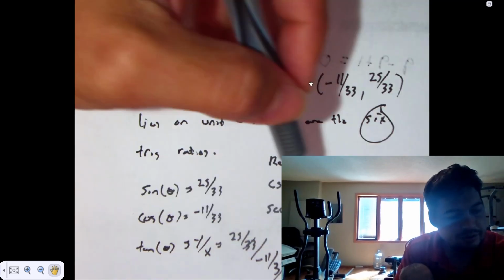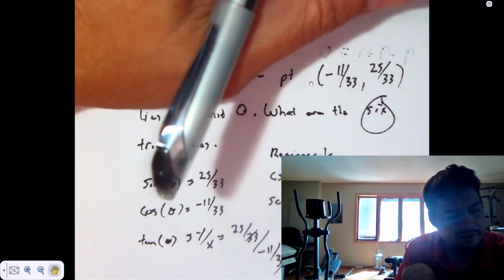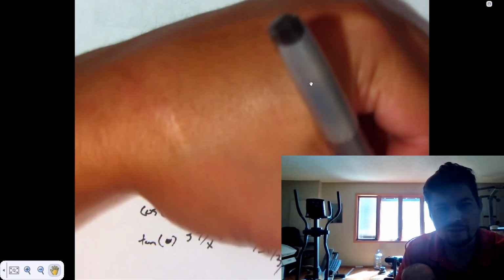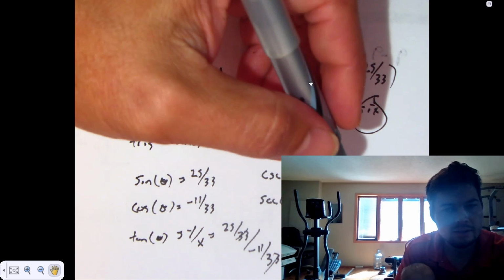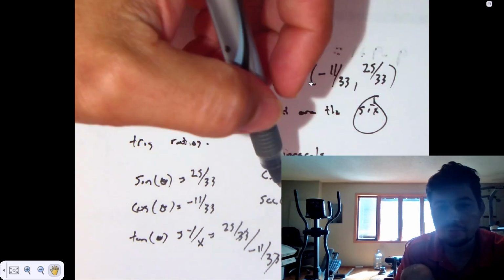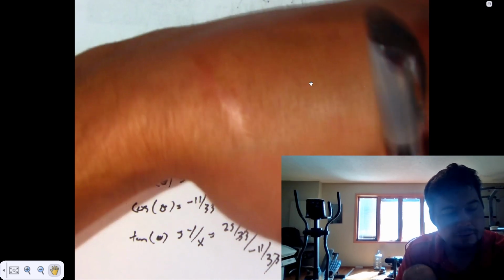The reciprocal of tangent is called cotangent, abbreviated COT. And don't be that dumb kid who pronounces it cot. Cotangent, kids. And reciprocate that. So 11/25. Don't forget about the negative.